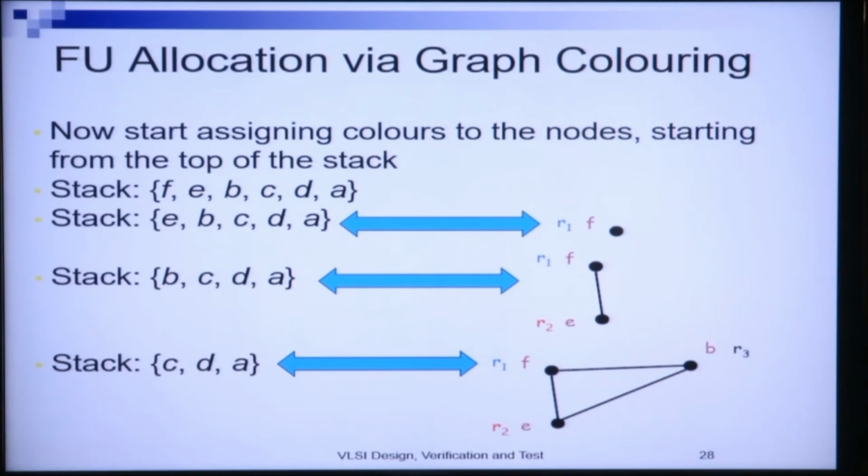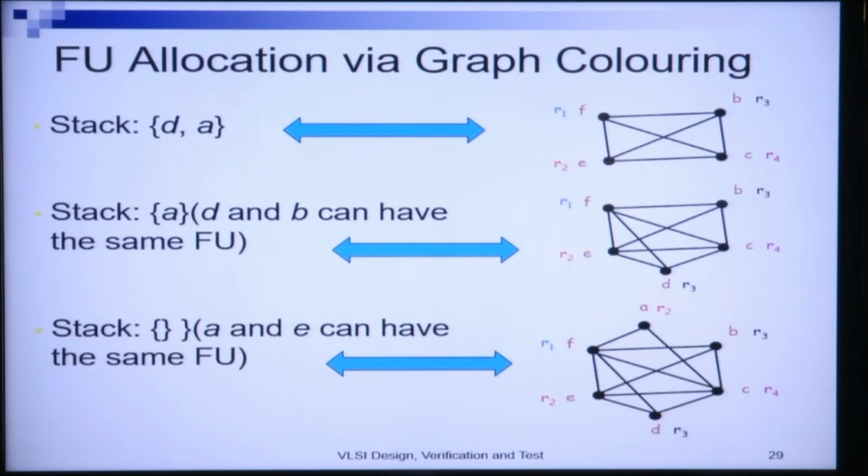So, I need another instance of the resource. I have already used 3 instances of the resource for executing F, E and B. Then I remove C, and I see that C also shares an edge with each of the previous operations, and therefore I have to allocate another different color, say pink, to this node.